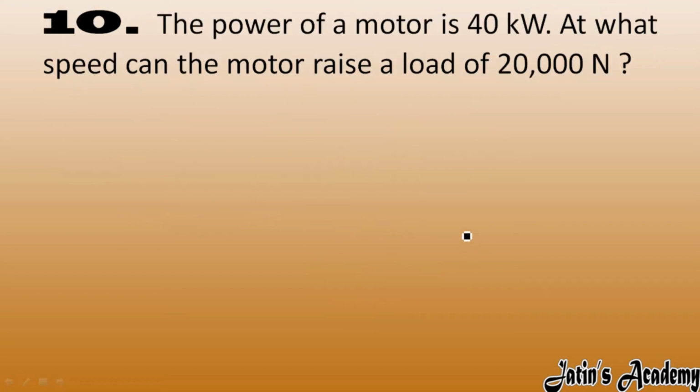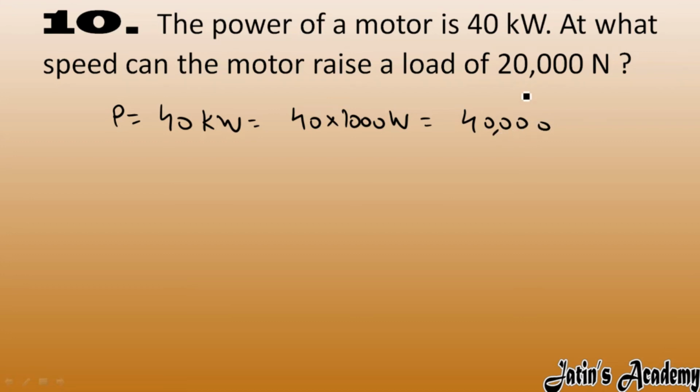Next we have the power of a motor is 40 kilowatt, and at what speed the motor speed we have to find to raise the load of 20,000 Newton. So in this case power is given as 40 kilowatt, which I can write as 40 into 1000 watt. Now we have to calculate the velocity, and it is given that speed and velocity we have to calculate, same thing.